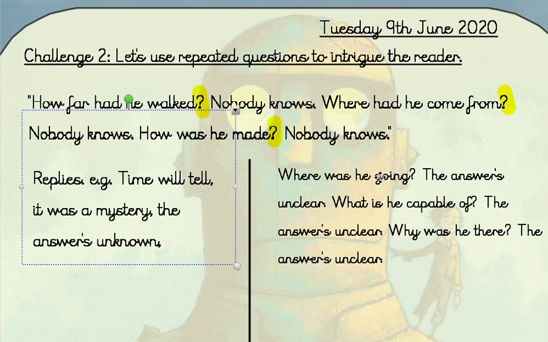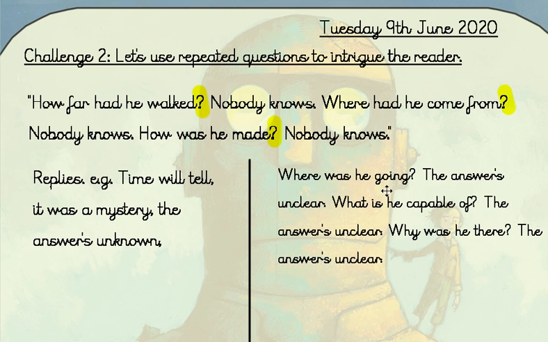Okay, good job. Once you've done that, I would like you on the opposite side of your page to write 3 different questions and then answer them with your chosen reply. So for example, I've got here, where was he going? The answer's unclear. What is he capable of? The answer's unclear. Why was he there? The answer's unclear.